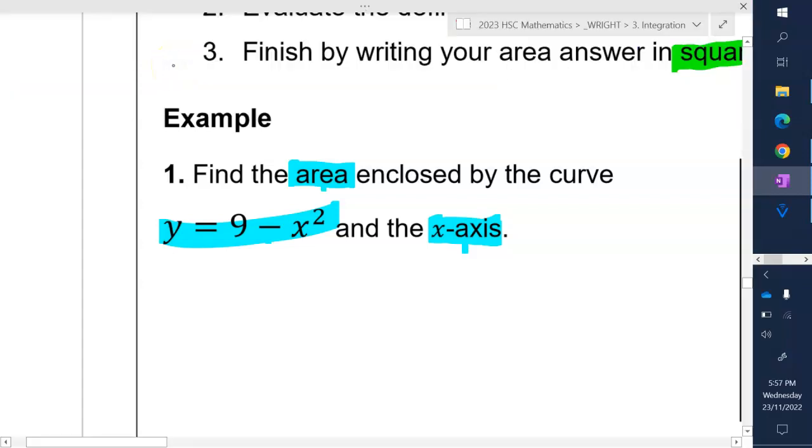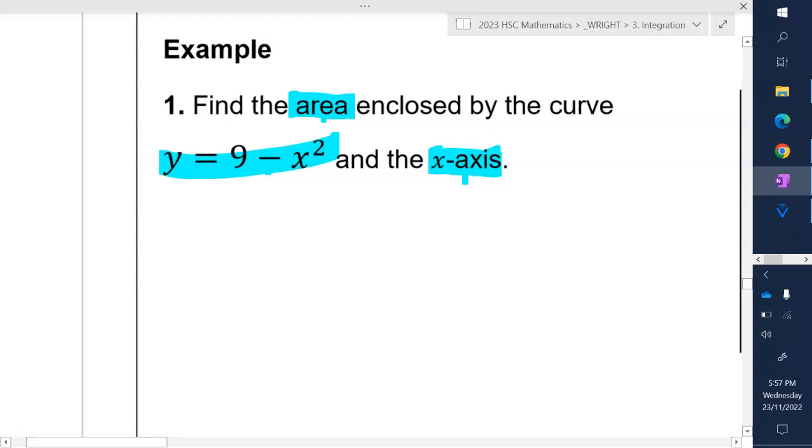So step 1 was that we needed to sketch this diagram. So we need to look at where that is going to cut the x-axis because that's going to give us our upper and our lower limits for our integral. So where does this cut the x-axis? It cuts the x-axis when y equals 0. So we're going to have 9 minus x squared is equal to 0. You've got two options.